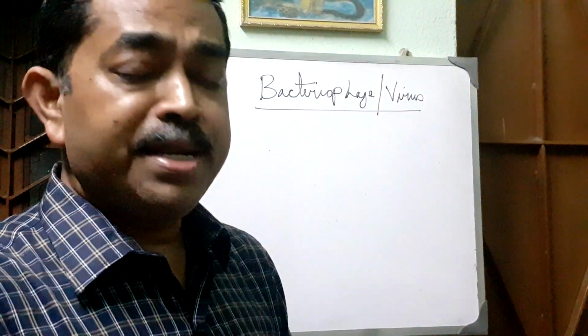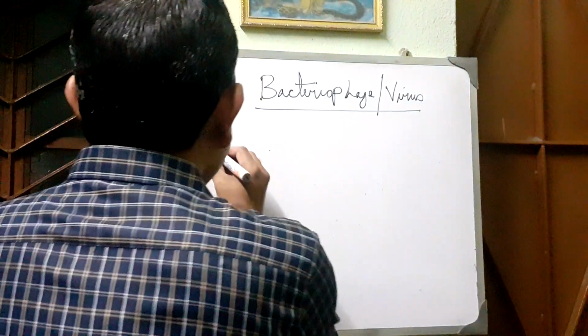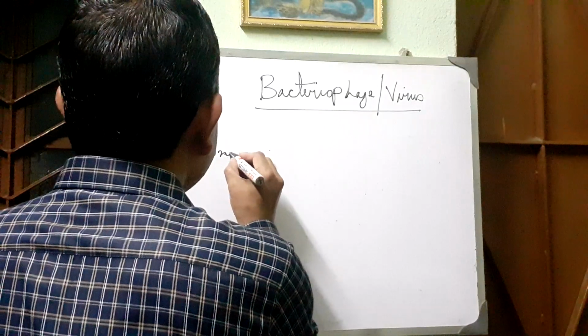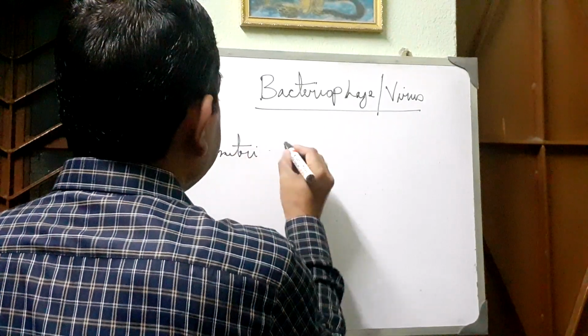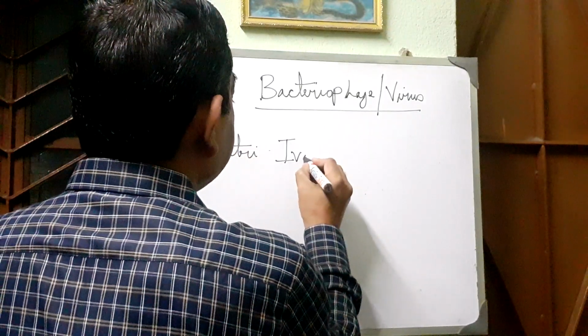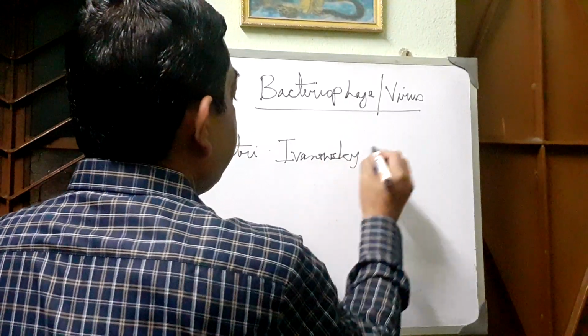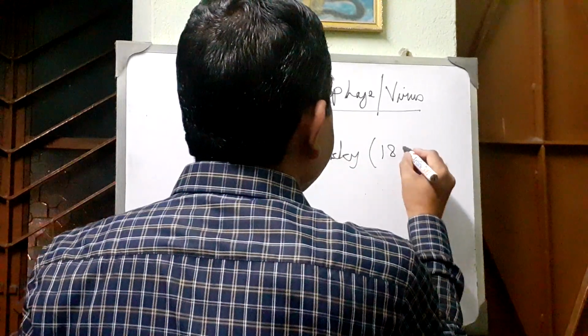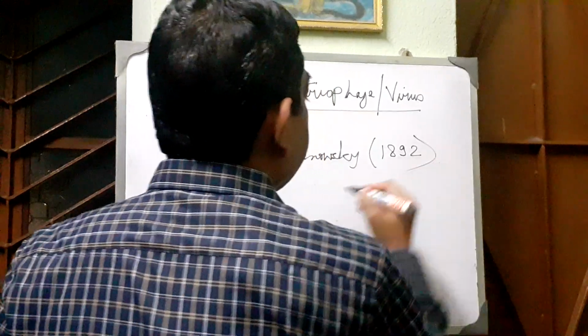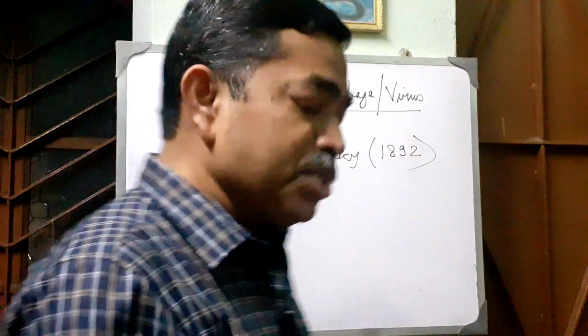If we see the history of virus, the scientist Dmitry Ivanovsky in 1892 first discovered the tobacco mosaic virus.